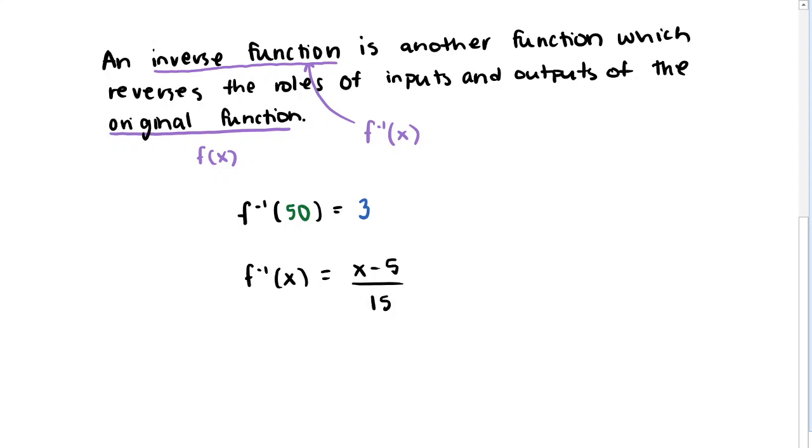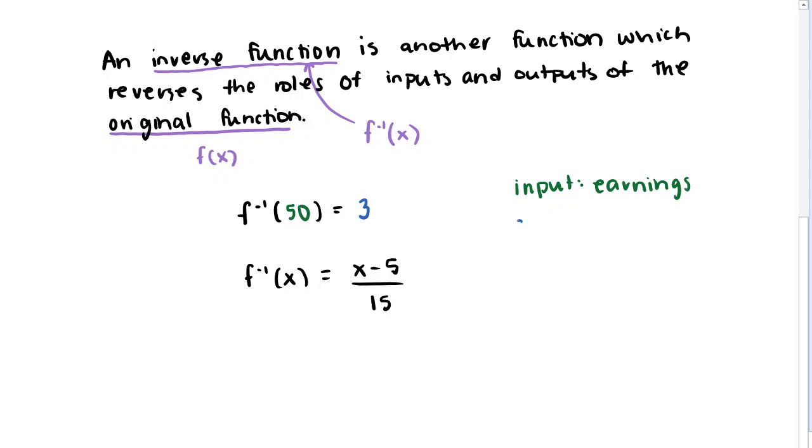And so, the main idea of this inverse function is that its inputs are the outputs of our original function, and its outputs are the inputs of our original function. We had some meaning for the inputs and outputs of our original function earlier. Well, now the inputs of our inverse function are going to be the earnings in dollars.